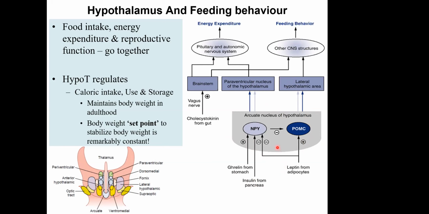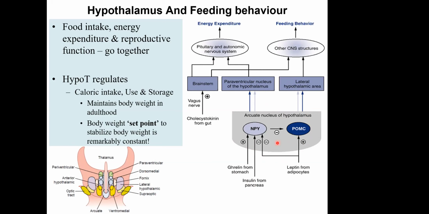Okay, arcuate nucleus has two components, two areas where two peptides are released. One is this area, and it releases POMC.